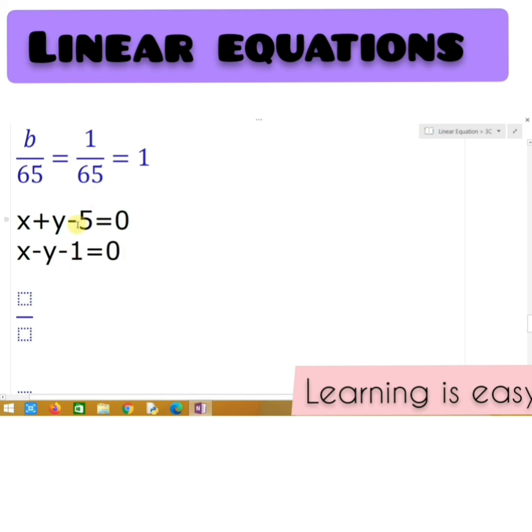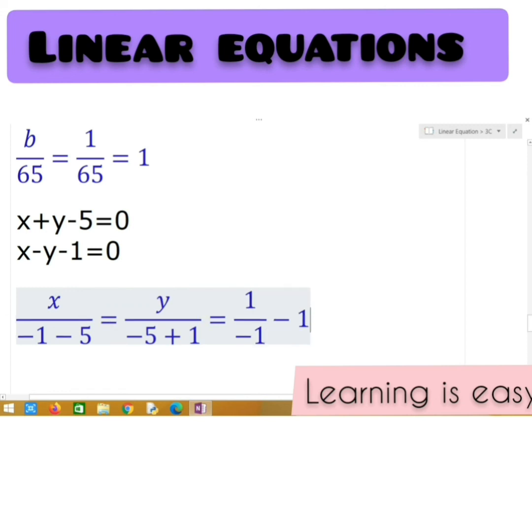So for the x we need to cross multiply y value and constant. So that's going to be x by minus 1 plus 5, minus of plus is minus 5, and y we need to cross multiply minus 5 plus 1, and constant is minus 1 minus 1.